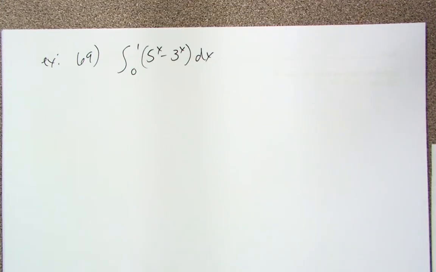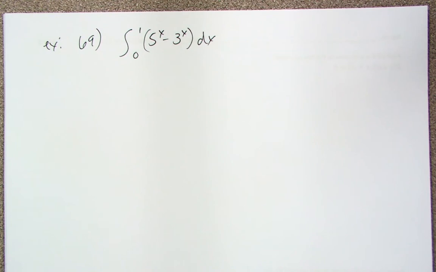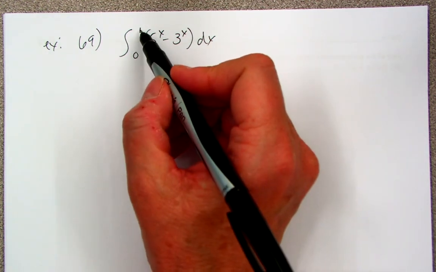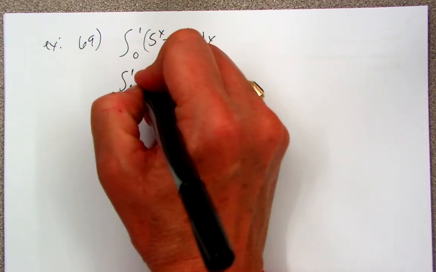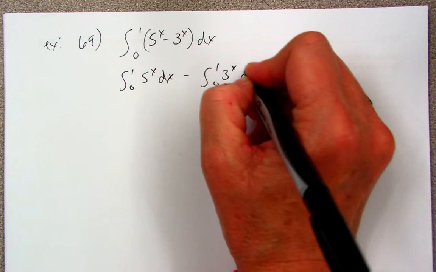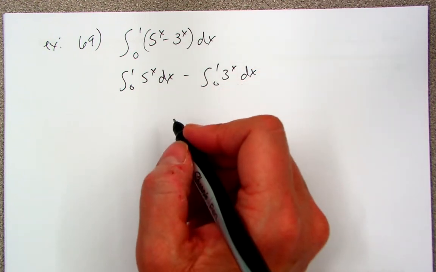I'd like to try one more. And this is some integration. In fact, I'm going to do your very last homework problem. So you're supposed to integrate it, and this happens to be a definite integral because it has an upper and lower bound. So I'm going to separate this. And so we have that new property.